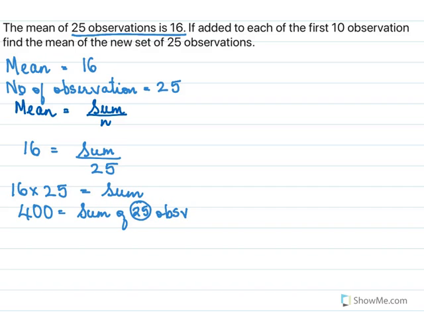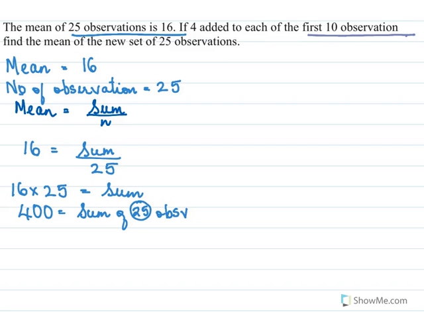Now to that they have added 4 to the first 10 observations. So we'll definitely get a new sum. How do we calculate the new sum? We take the old sum, which is 400, and now we need to add 4 to how many observations?